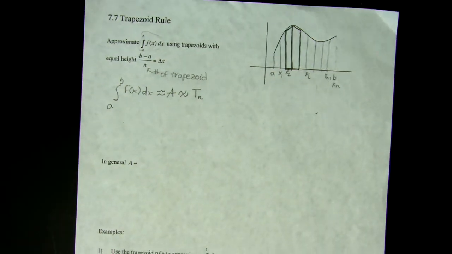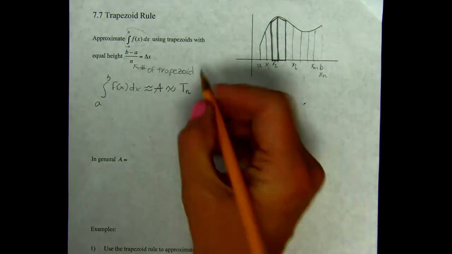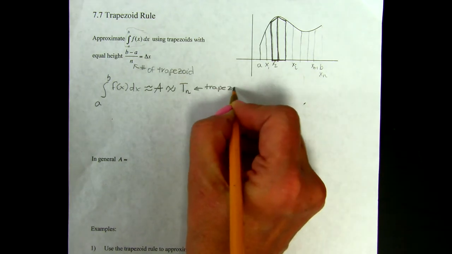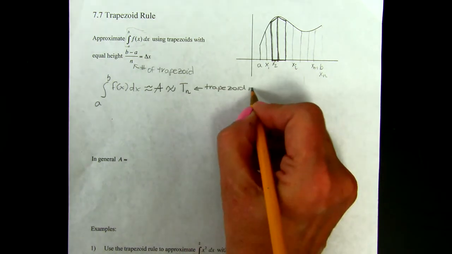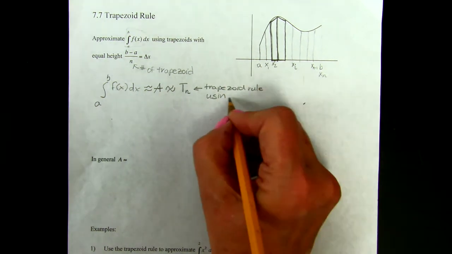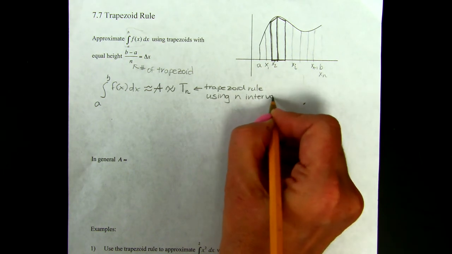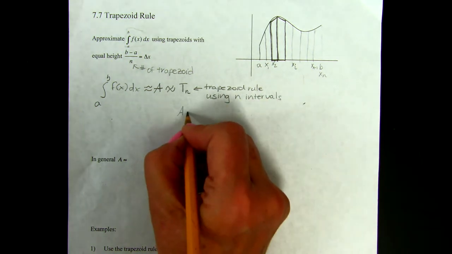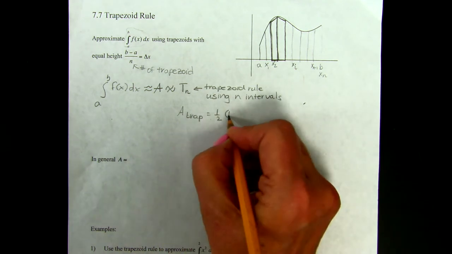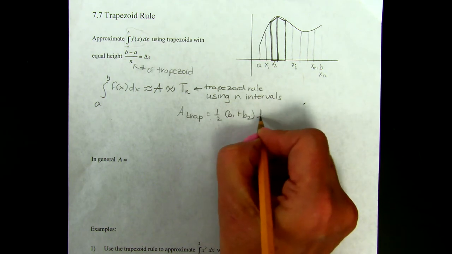Instead of R sub n we use T sub n, and when you see that notation, that's going to mean trapezoid rule using n intervals. Now we know that the area of a trapezoid is 1/2 base 1 plus base 2 times the height.